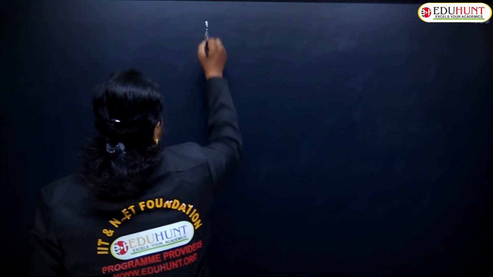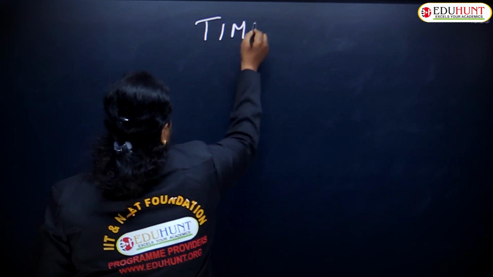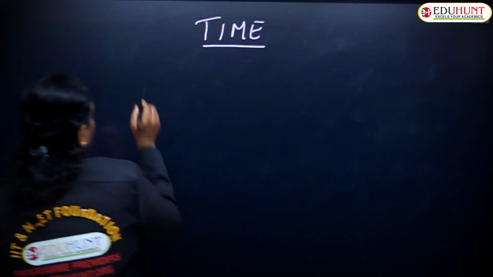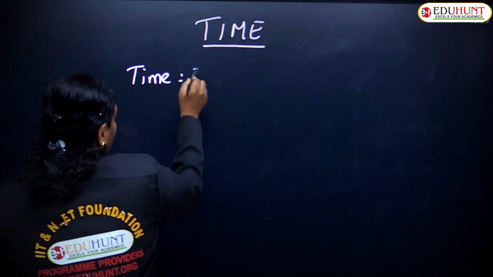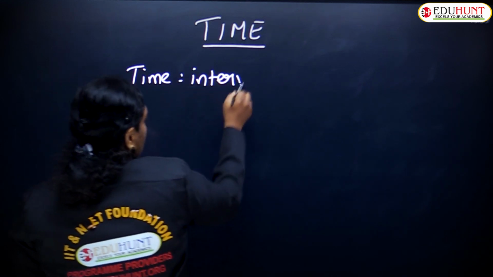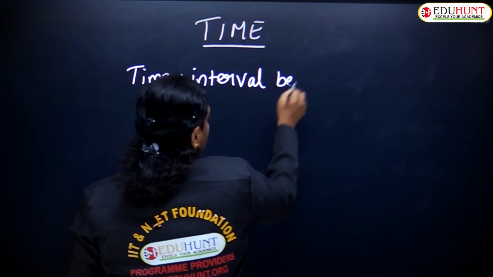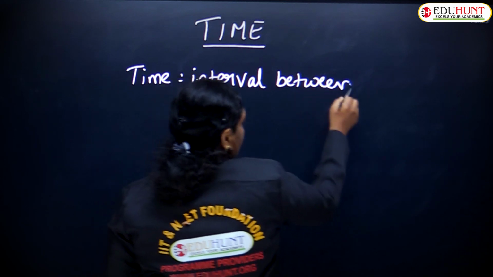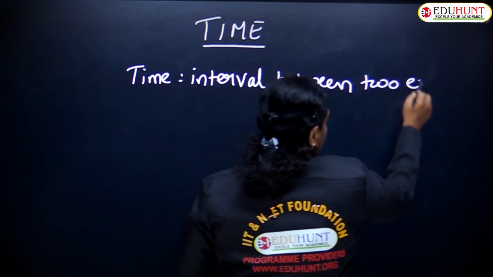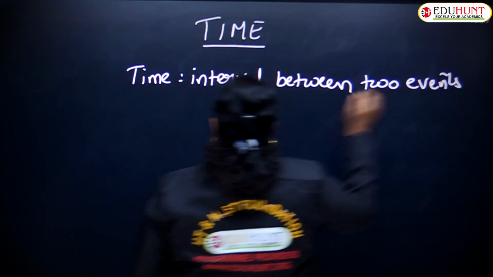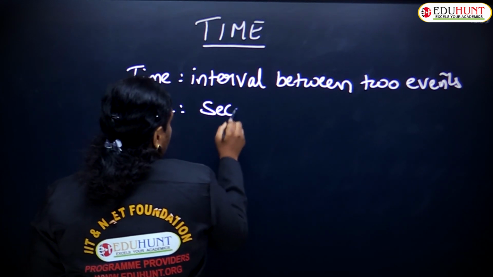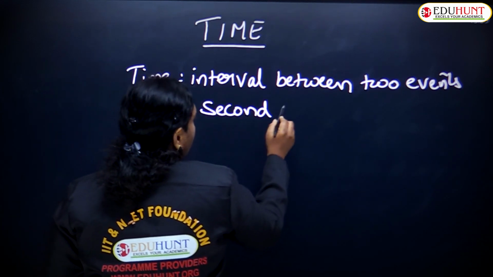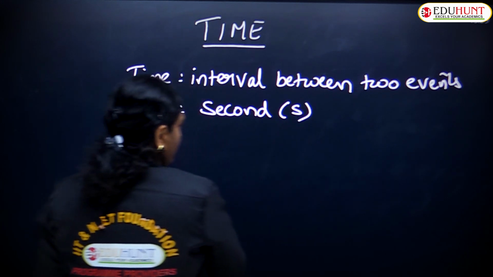Okay. So let us recall what we have discussed so far. Time. So what is time, children? Interval between two events. The SI unit of time is seconds. Symbolically, it is represented as s.